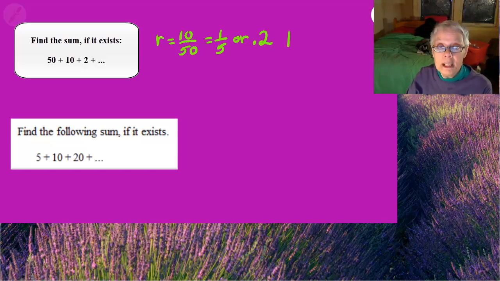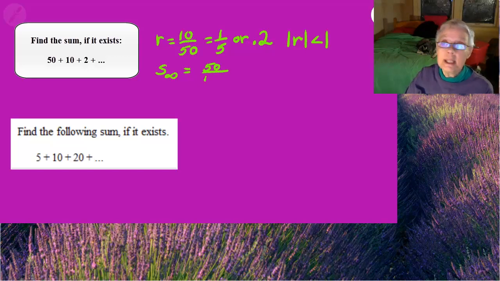So that means the absolute value of r is less than 1, which means it's a proper fraction, which means our sum really does exist. So let's find it. The sum of an infinite series, when it's geometric, is the first term divided by 1 minus the common ratio.